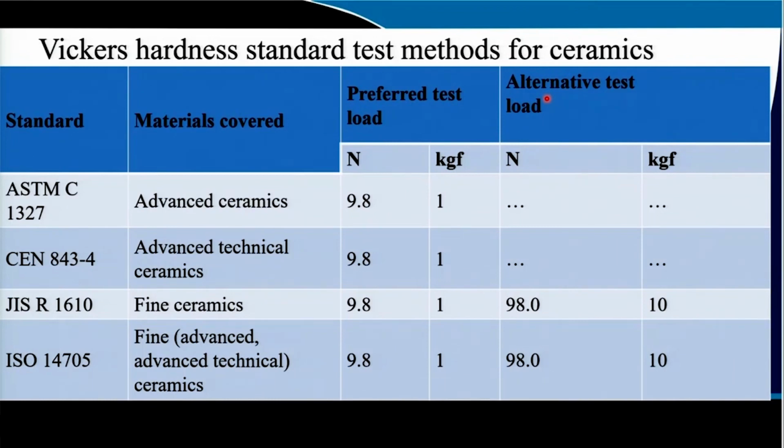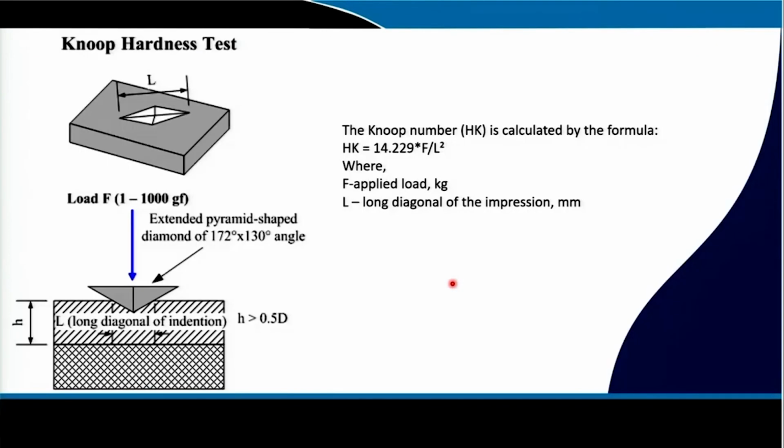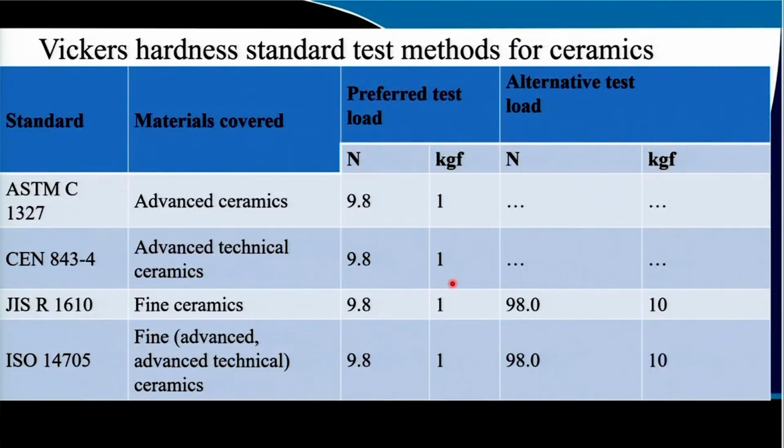Now, if you quickly go through the test methods for advanced ceramics, it is ASTM C1327 and CEN 843 for advanced technical ceramics. These standards are applied for different ceramic materials. Here the preferred test loads are 9.8 newton, or 1 kilogram force. In micro hardness testing, for steel, titanium and other somewhat harder materials, the applied load varies from 100 to 300 gram force.